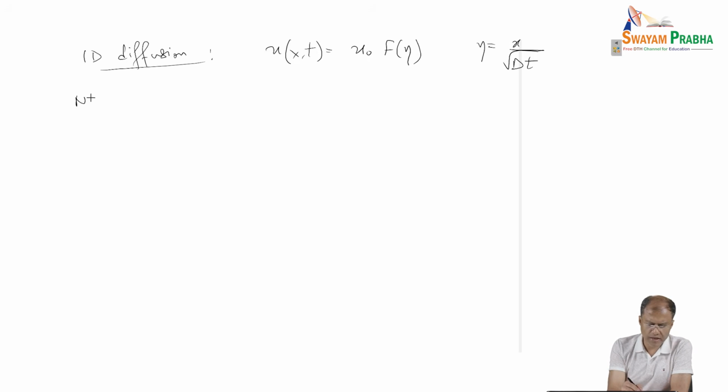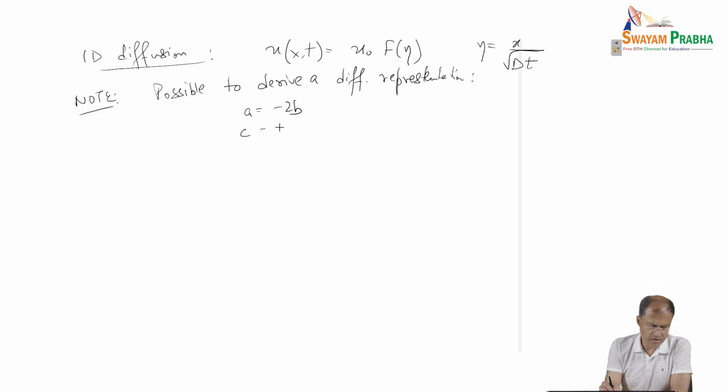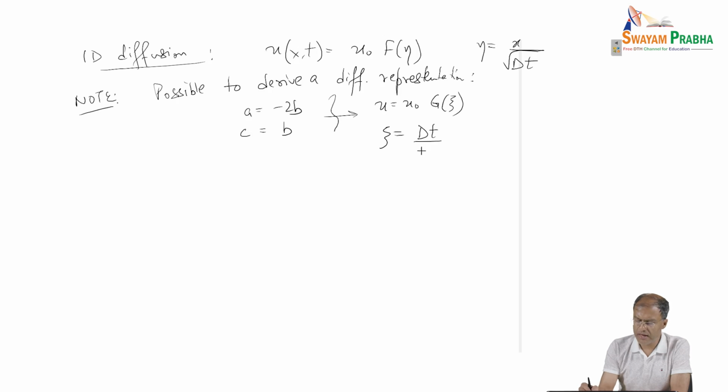So note that we could have another form of the solution possible, a different representation, where a is equal to minus 2b and c is equal to b, and from here we see that u is u naught g of zeta, where my new similarity variable zeta comes out to be dt by x squared.